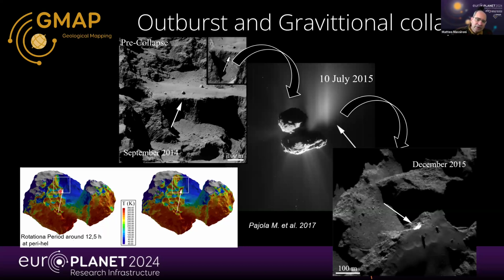Through the triggering of sublimation and the opening of the fractures, you have the event of collapse. So I would say the gravitational events on the comet are predisposed by the thermal effect of fracturing and triggered by the sublimation, at least in this case.